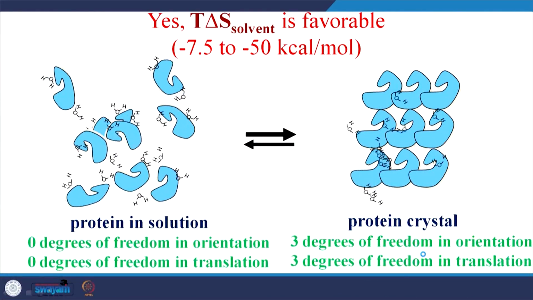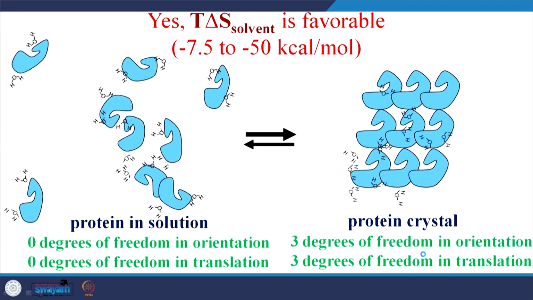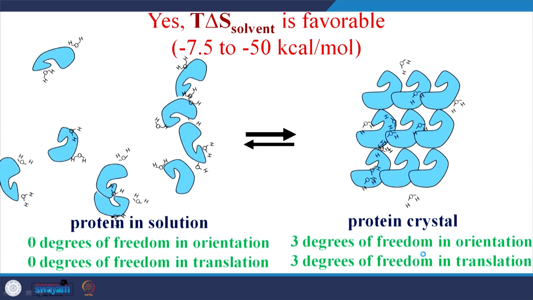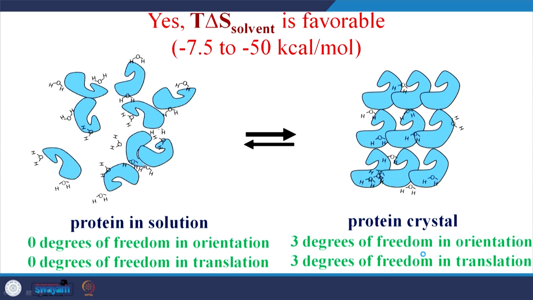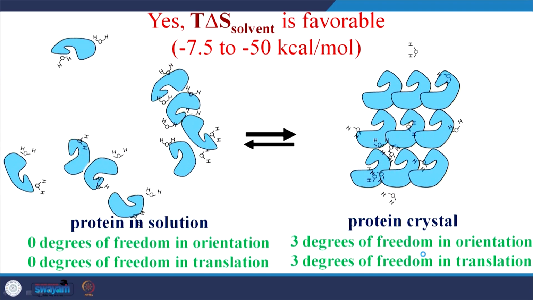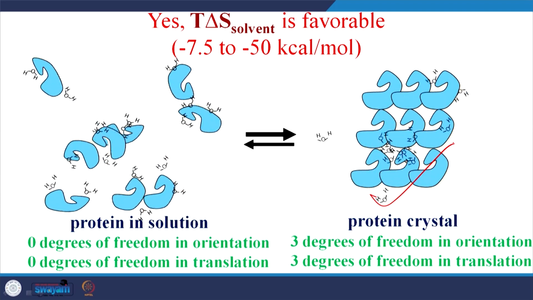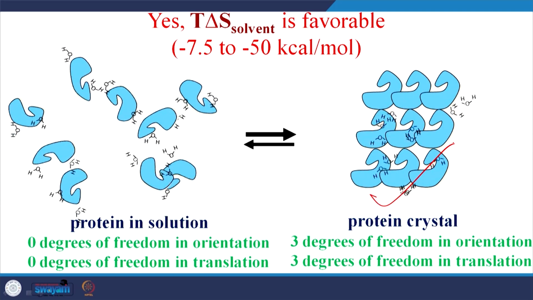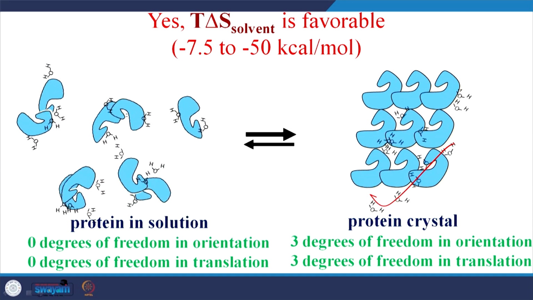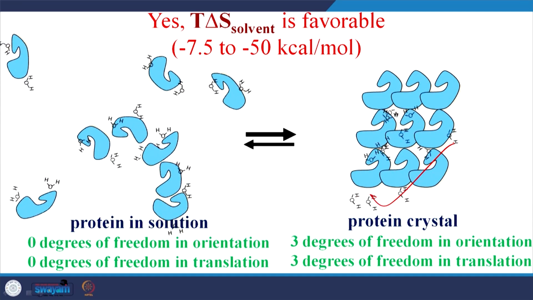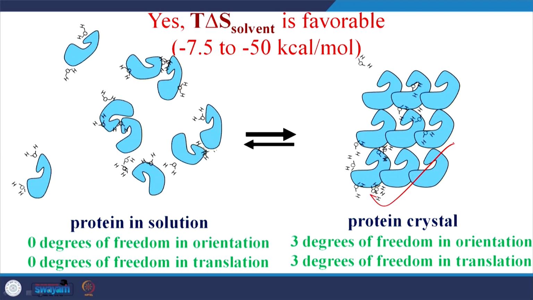The car is doing the work, you are not doing anything. But here in protein crystal, proteins are not moving, so that allows the solvent to move freely, and that is why here it is entropically winning. So, for the solvent, here 0 degrees of freedom of orientation and 0 degrees of freedom in translation. Here it is 3 degrees of freedom in orientation and 3 degrees of freedom in translation.